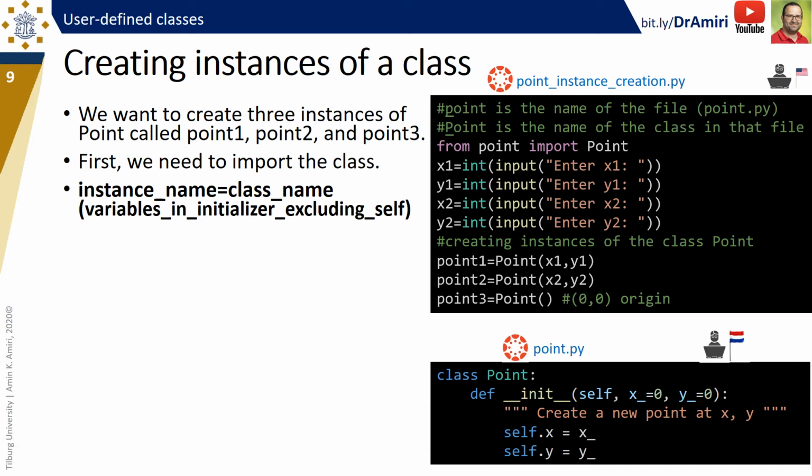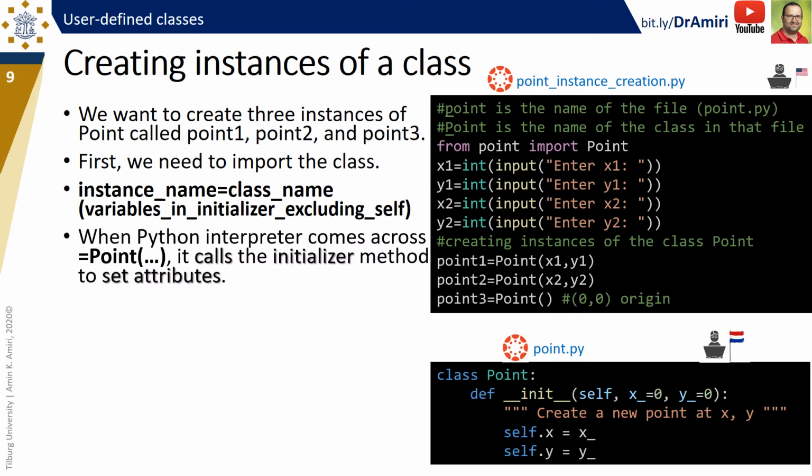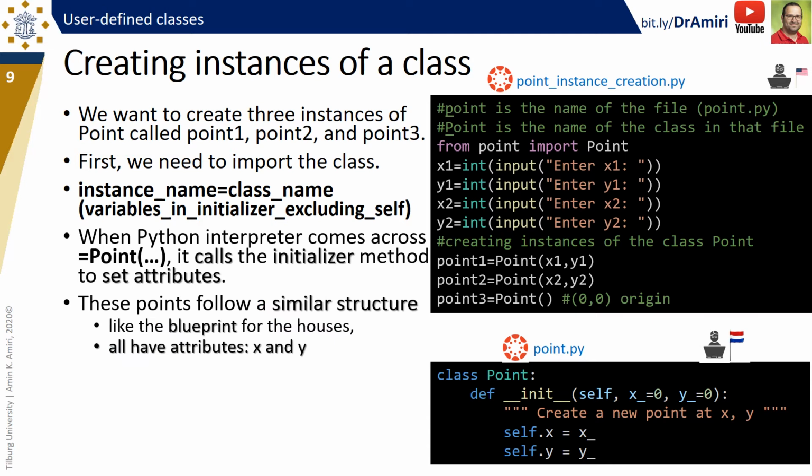When the Python interpreter comes to these lines of code, because you have a class name and after that you have a parenthesis, it calls the initializer method to set the attributes.